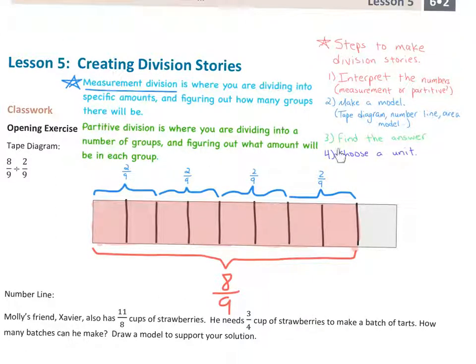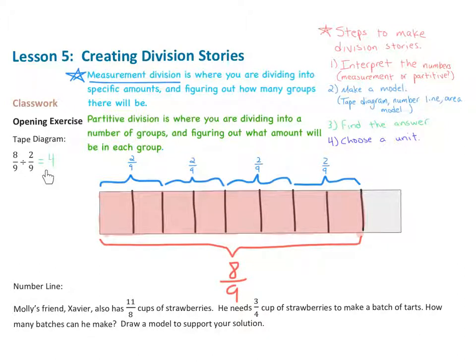So over here I've added step 3, which is to find the answer, and I just did. There are 4 2/9 within 8/9. And so I've added that over here as my answer, and I just want to prove it mathematically before I move on, and before I move to step 4, choose a unit.